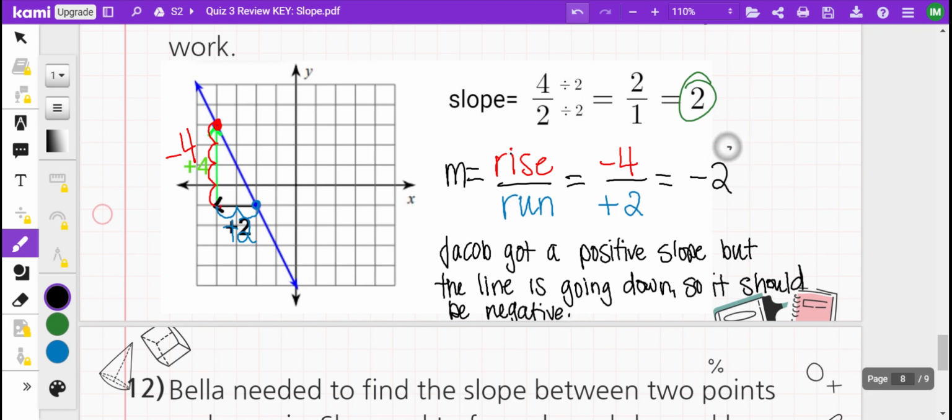Okay, and so our correct slope is this one here. Slope equals negative 2.